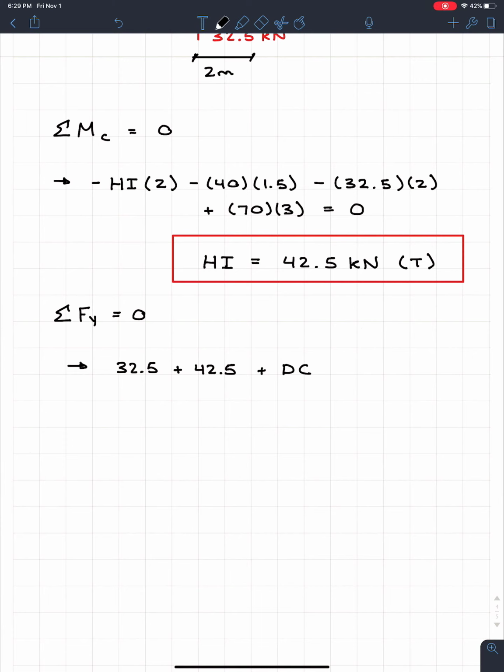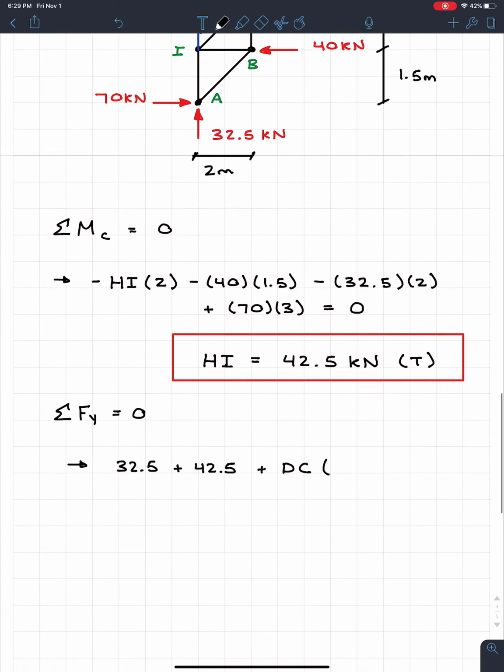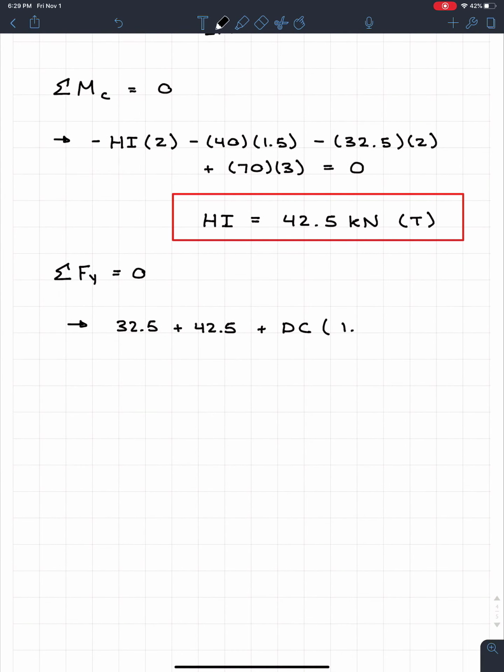However, we see that DC is at a diagonal, so we only want one component. The hypotenuse here is going to be 6.25, so the vertical component is going to be 1.5 divided by the square root of 6.25. And all of this is equal to 0, because again, it's in equilibrium. We're not going to disturb that.